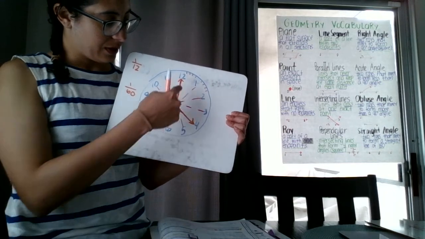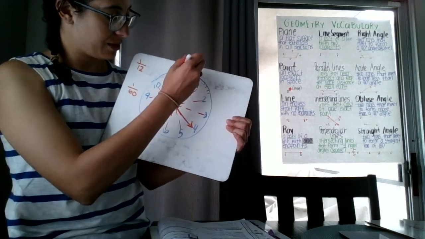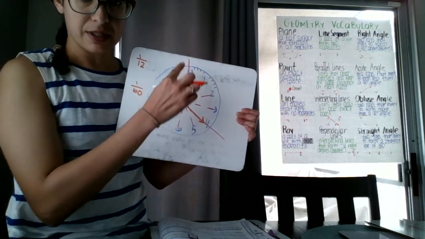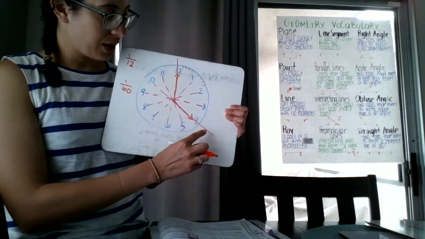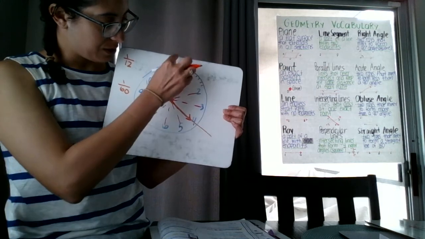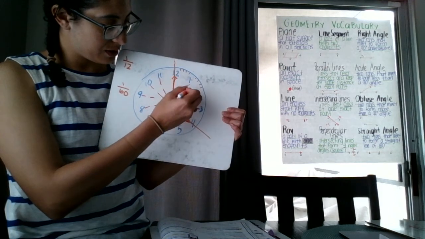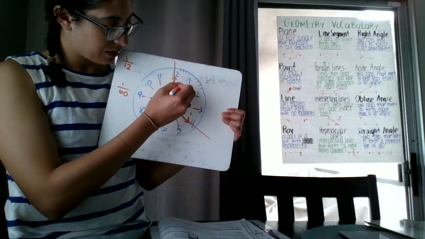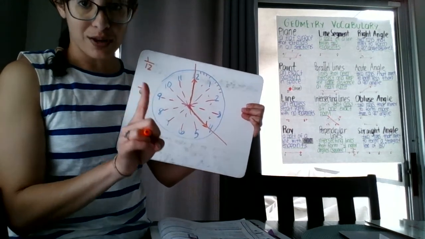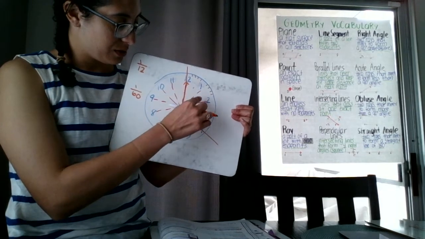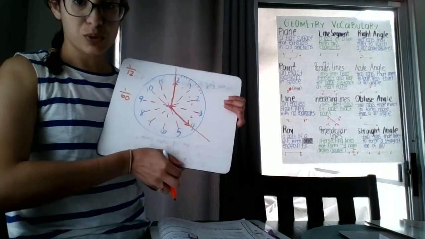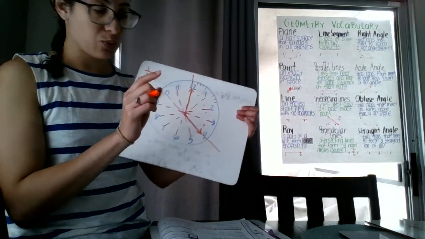I'm going to make it longer so that you guys can see it easier. If I'm focusing on this angle, all I need to do is find one of the parts in there, okay? So this big angle has 1, 2, 3, 4 parts, okay? I need to find one of them. So 1, 2, 3, 4, 5, 6, 7, 8, 9, 10, 11, 12. So there's 12, so I need to figure out how much one of them measures.